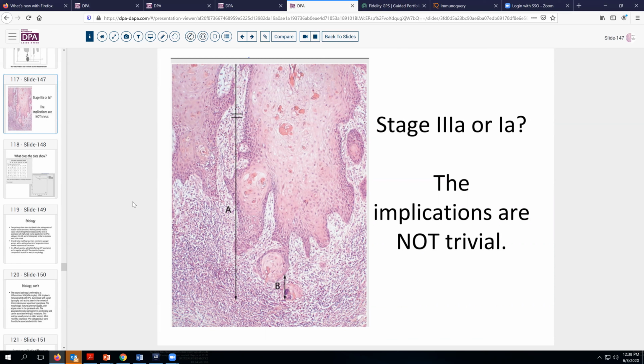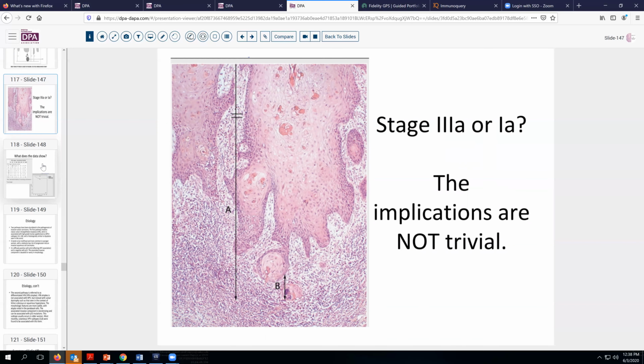Now, which really is it? In some senses, this makes an enormous amount of sense in terms of the biological stage of progression of invasion. You know, this would seem like this is a more recent event than something which on the whole would have this depth A of invasion.